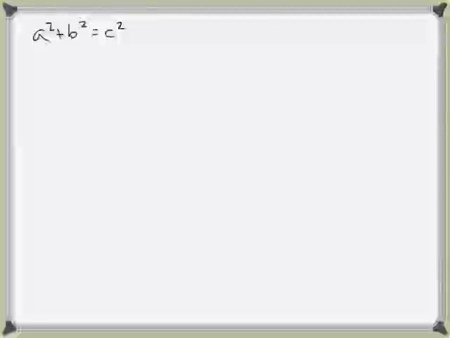The next question on the test was question 5, and that refers to given 3 numbers, how we can tell what type of triangle it is. So a squared plus b squared equals c squared means that we have a right triangle. So if our three numbers follow this formula, that means we have a right triangle.